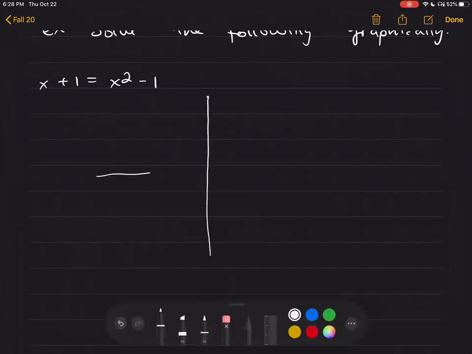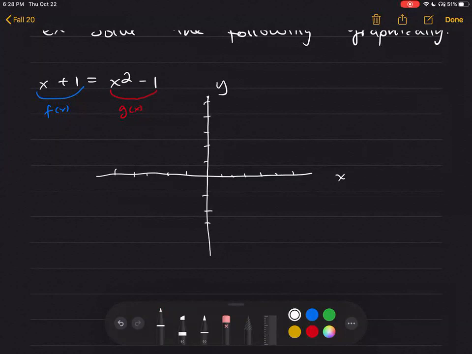Okay. So what we're going to do is we're going to let this be our f of x. We're going to let this be our g of x. And so we graph these. So the blue one is going to cross here.